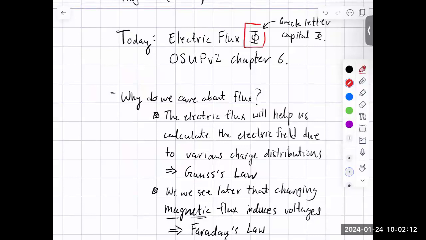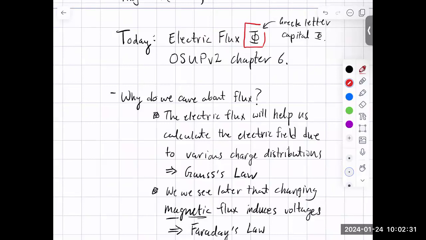Gauss's law is going to come up with two equivalent ways of calculating the electric flux. One will involve the electric field, and so it's going to allow us to solve for the electric field in certain situations.